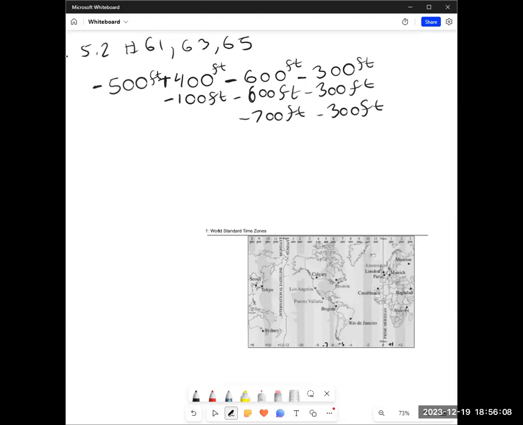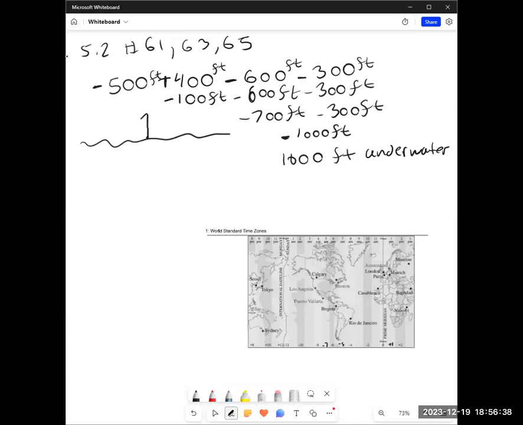And then negative 700 minus 300 is negative 1,000. And so the submarine's final depth is 1,000 feet underwater, because negative here means under the water.